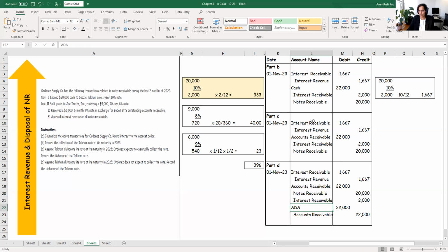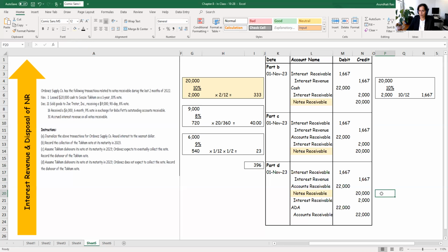So for disposal of notes, in all the cases we are seeing over here, to look at this carefully, I have credited the notes receivable $20,000 in all three cases. In all cases, I credited it because this is at maturity.